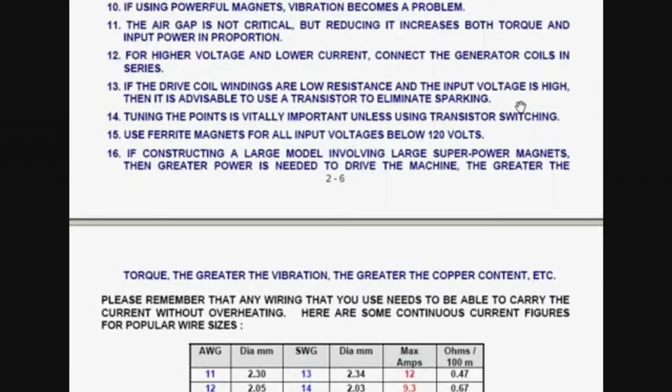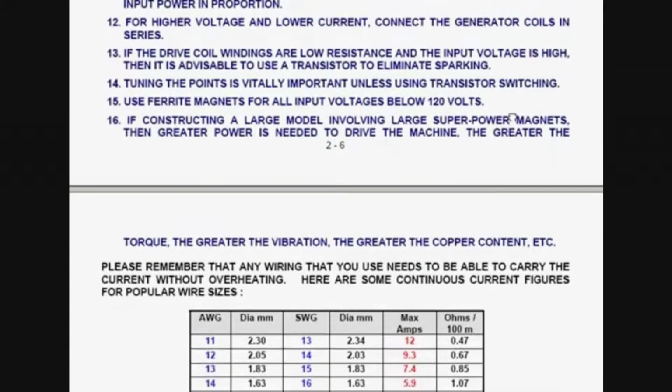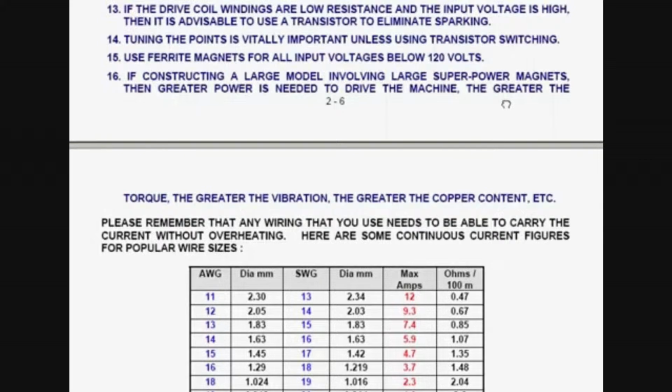10. If using powerful magnets, know that vibration will become a problem. 11. The air gap is not critical, but reducing it increases both torque and input power in proportion. 12. For higher voltage and lower current, connect the generator coils in series. 13.